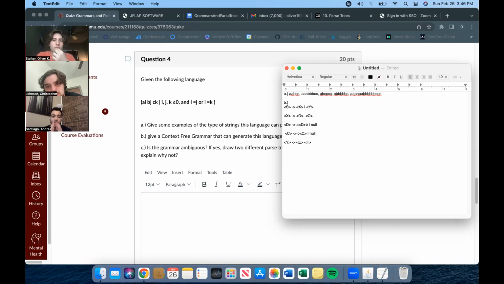So I don't think this one has to be different because it's A, C, and then B's in the middle. Okay. So this one might have to go back to our original. Let me see.